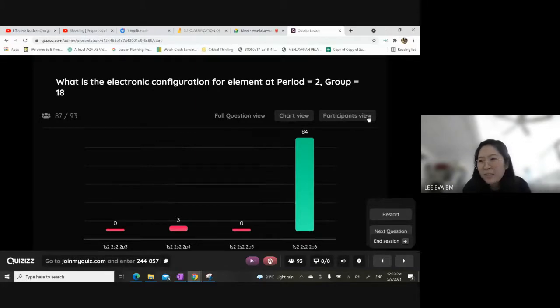Group 18 means there are 8 valence electrons. So 1s2, 2s2, 2p6. Taking the 2s and 2p subshells together, we have 8 valence electrons. And the highest value of n gives you 2, therefore it comes from period 2.